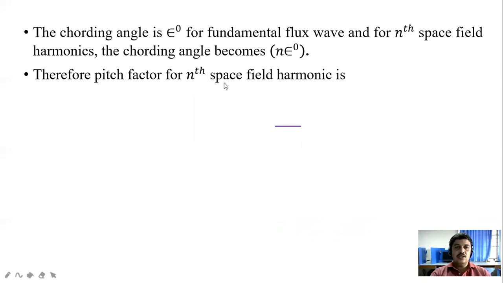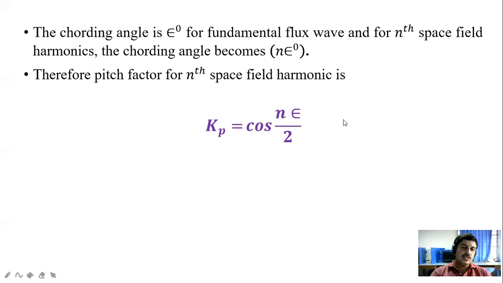So for the nth space field harmonics, the pitch factor Kp is equal to cos of n epsilon by 2, because the chording angle for the nth space harmonic frequency is n times epsilon. So this is Kp for the nth space field harmonic wave.